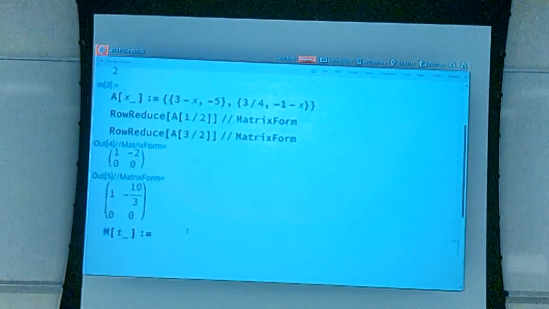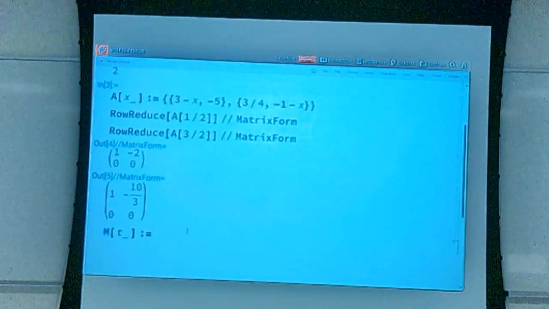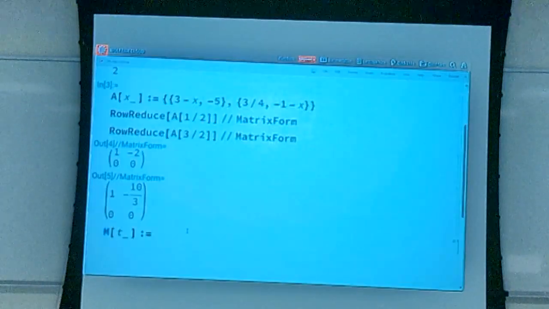This will now allow me to form the fundamental matrix. One-half: e to the t over 2, right, times eigenvector. That's the first column. Second column, e to the 3t over 2 times eigenvector.